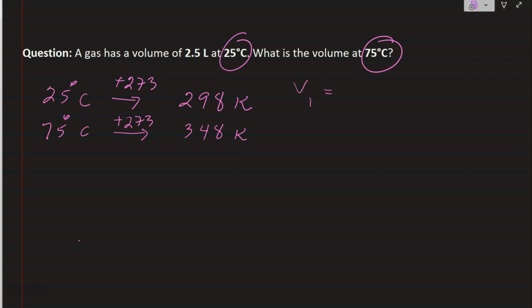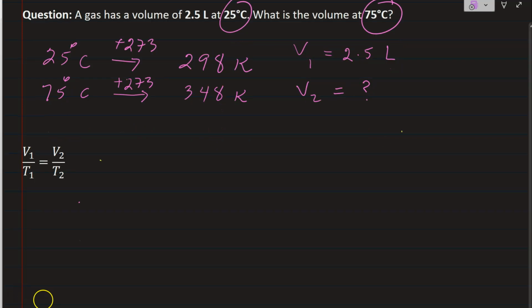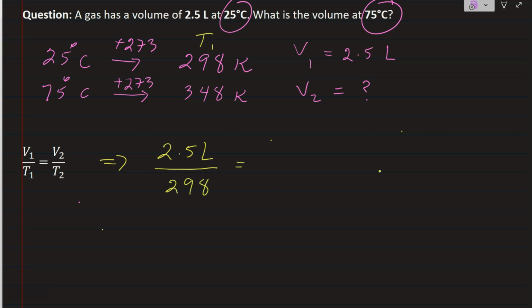Excellent. What do we know? We know V1 is equal to 2.5 liters. We want to know what V2 is, given that the temperature has gone up to 75 degrees. Now we're going to use the formula, so let's plug numbers in. V1 is 2.5 liters divided by T1, which is 298, equal to V2, which we don't know, divided by T2, which is 348 Kelvin.